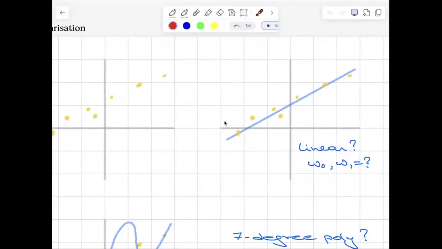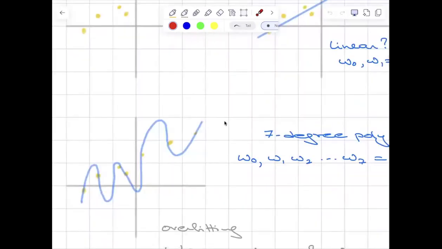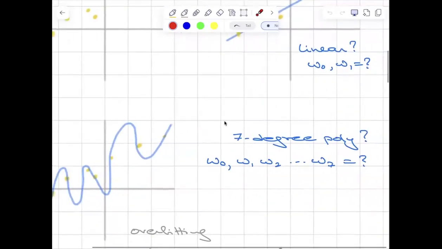But then I can say, okay, maybe I can take a quadratic model, or a cubic or a quintic model, or maybe I have a whole bunch of points, so maybe I'll take a 7-degree polynomial, right? And then the question is, what are the values of W0, W1, W2 that will give me the minimum loss?